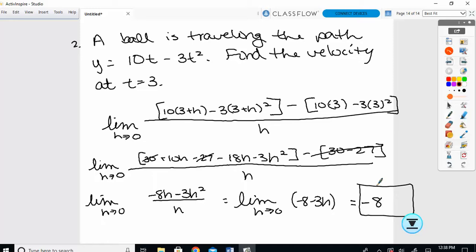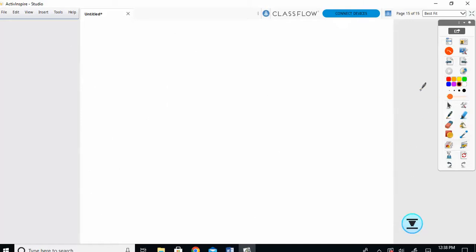So that was really like the 2.7 where we had actual numbers to plug in. But I could just ask you to find the derivative of a function. So let's say I gave you this.